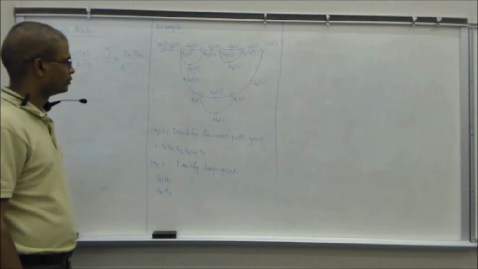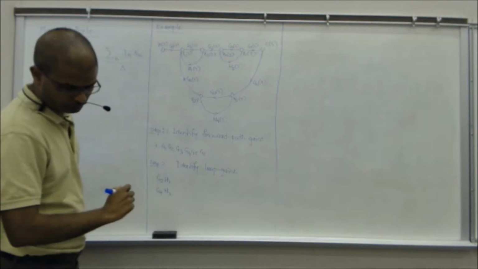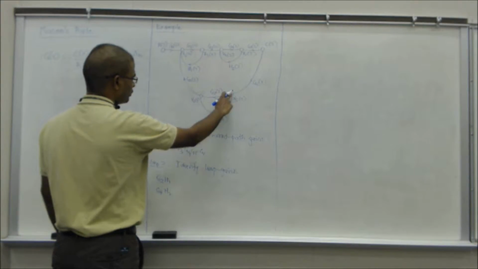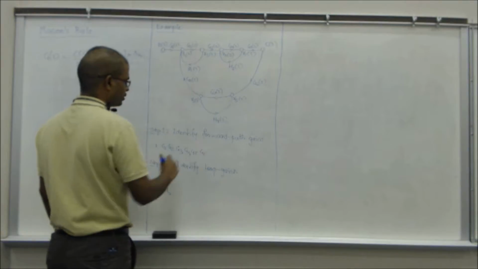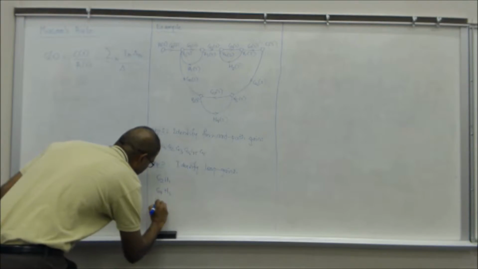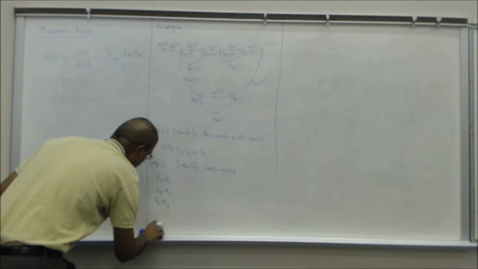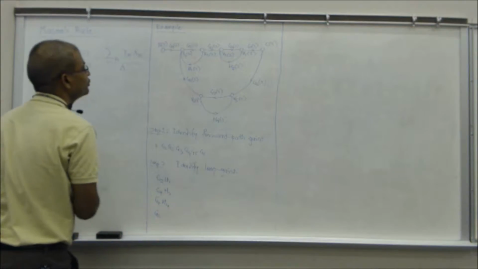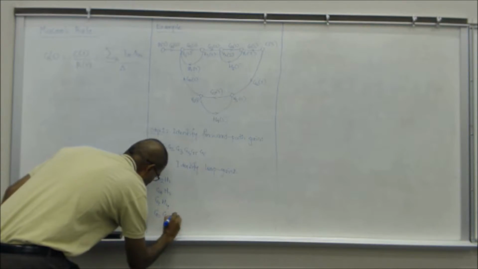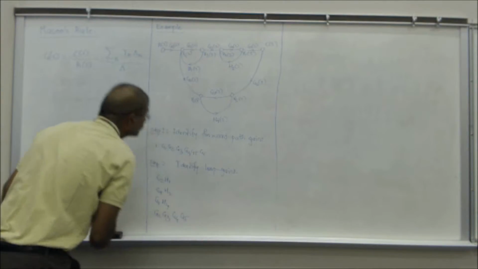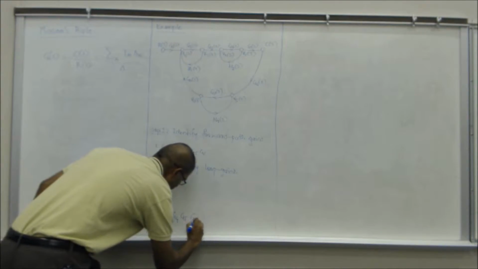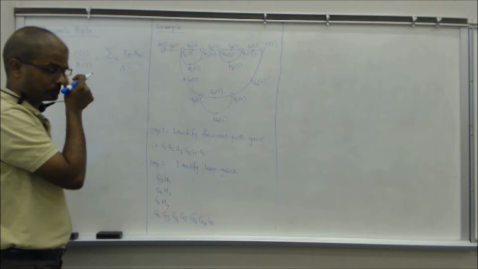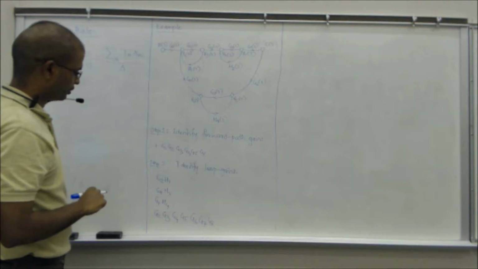That is also a loop gain. Or let's do this one first. You have G7 and H4. Okay, and then you have this. G2, G3, G4, G5. G6, G7, G8. Okay, so these are the loop gains.